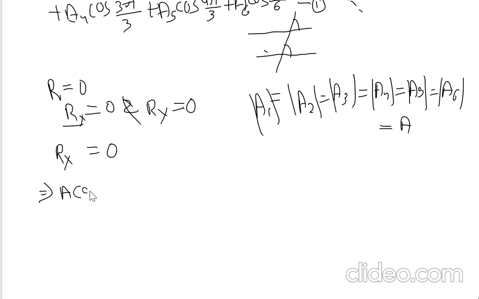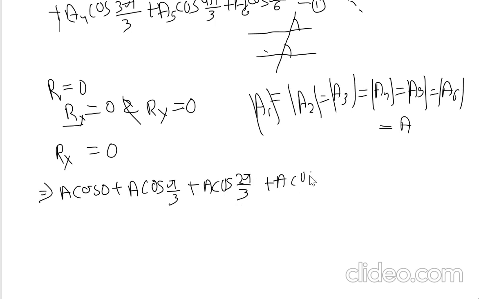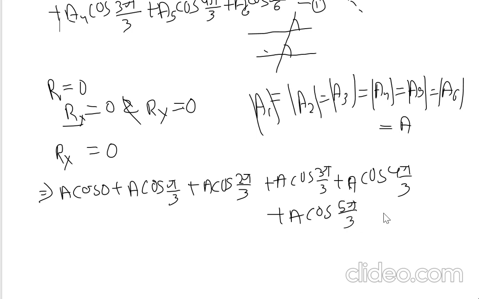So I can write similarly A cos 0 plus A cos pi by 3 plus A cos 2 pi by 3 plus A cos 3 pi by 3 plus A cos 4 pi by 3, similarly A cos 5 pi by 3 is equal to 0.